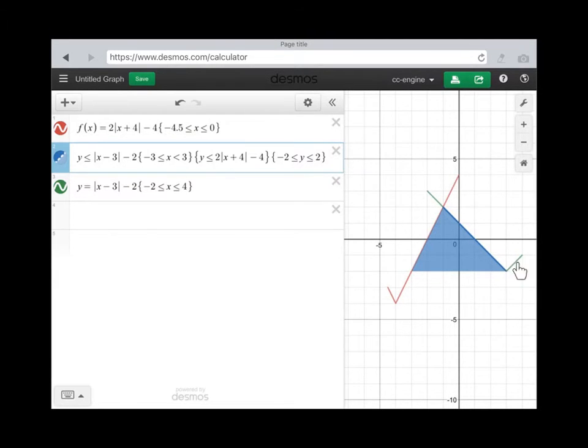So I needed to preserve that line because I still wanted that backwards check mark. I just wanted all of the shading to be identified right here. So all of my restrictions were for my shading, and then I put this extra indicator of this green line, which I will turn to blue because I don't want it to be green. I really wanted it to be blue.